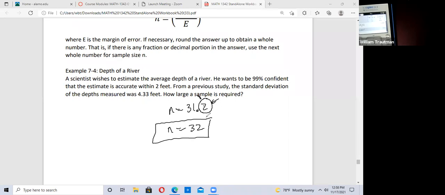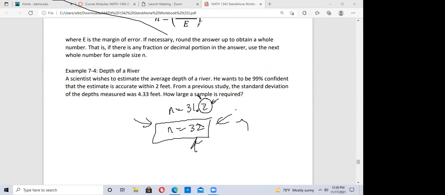If it was 0 there, then you wouldn't take it to the next higher whole number. So it says how large of a sample is required. Our sample requires 32 people or 32 samples taken, whatever the N is.